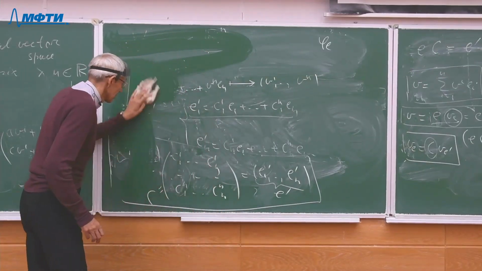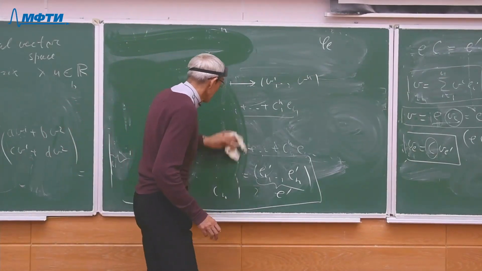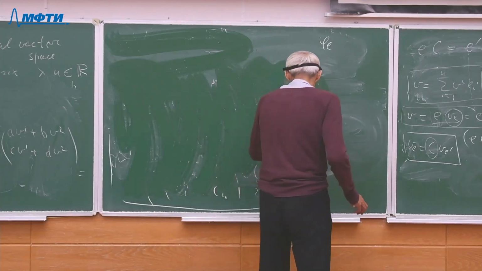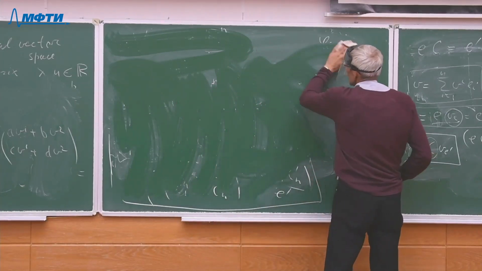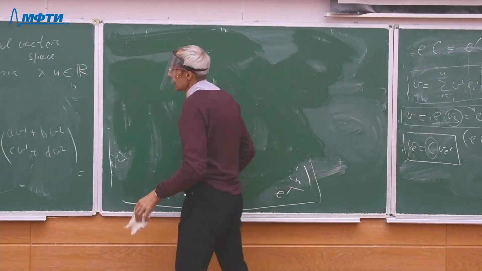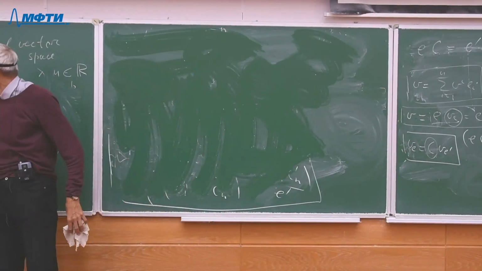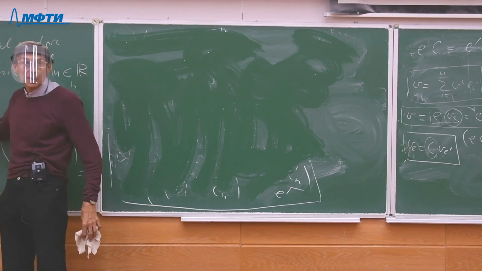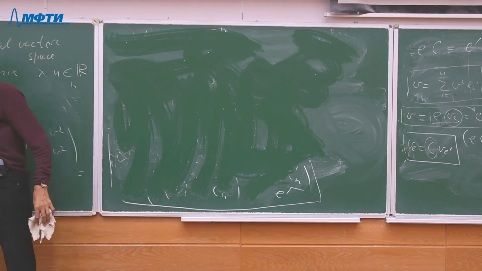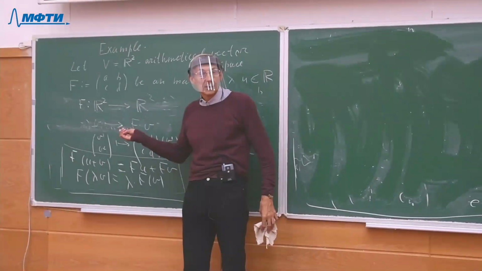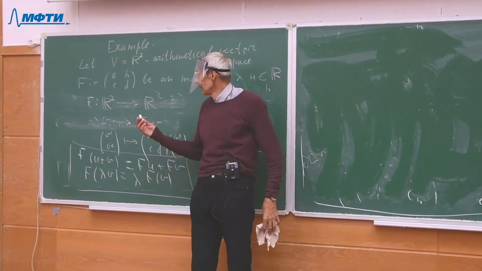The definition. This definition is a direct generalization of the properties of this mapping, the main example of a linear transformation.